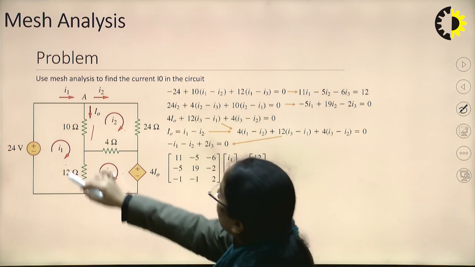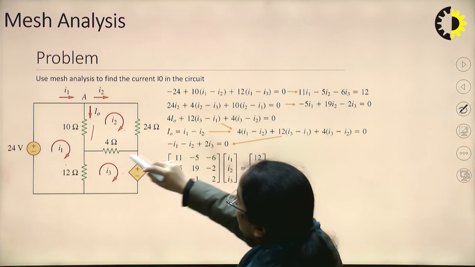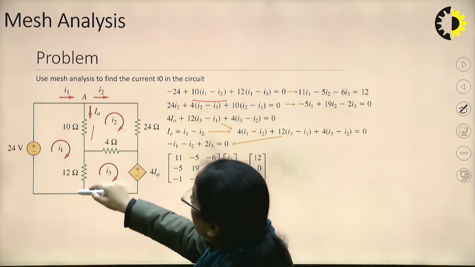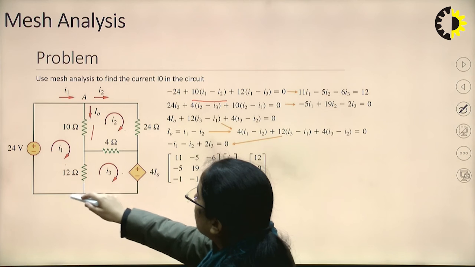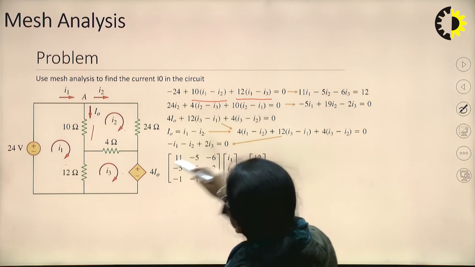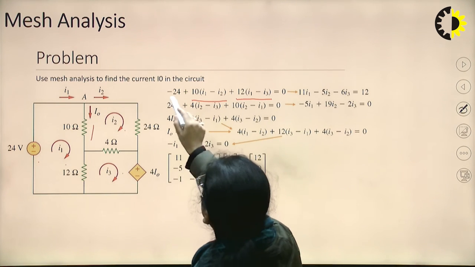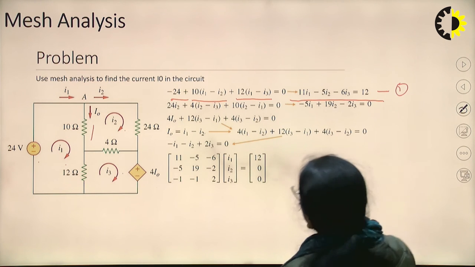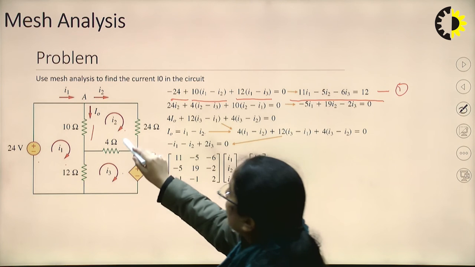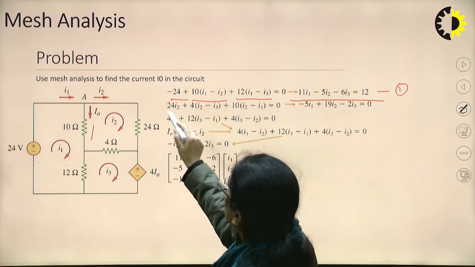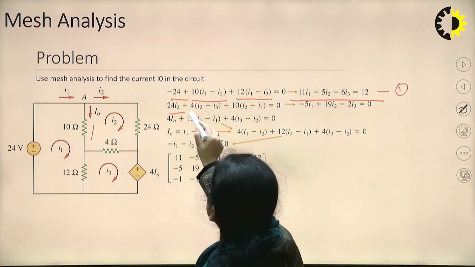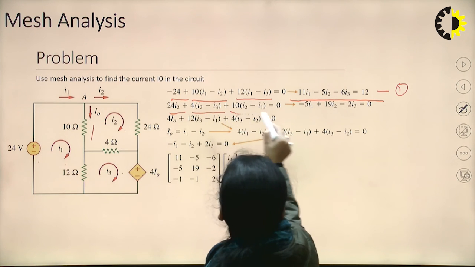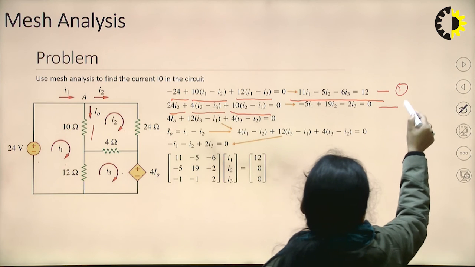In the first mesh we can write 10 I1 minus I2 plus 12 I1 minus I3 equals 24. This is the equation. In the second mesh, 24 I2 plus 4 I2 minus I3 plus 10 I2 minus I1. So this is the second equation.